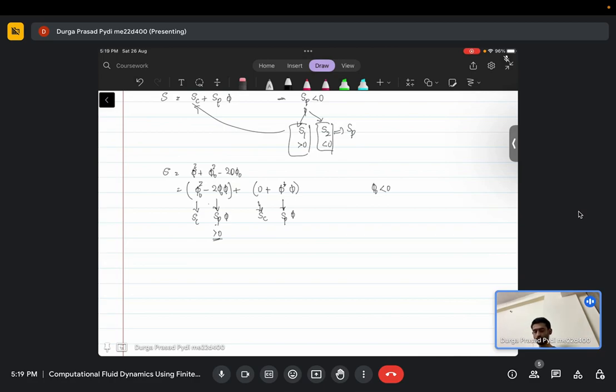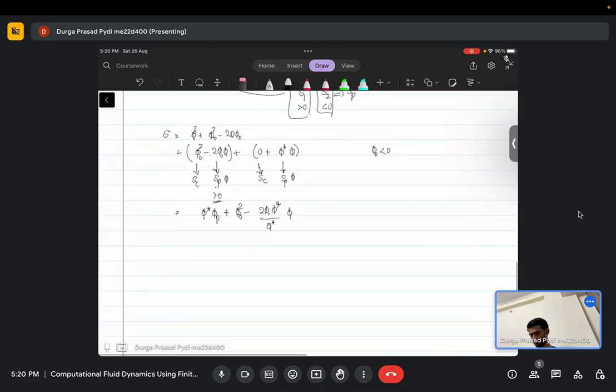Since SP is positive, which we do not want, we just multiply and divide by phi and then take it to the other side. So we take phi naught phi star, phi star phi will be there, plus phi naught square minus 2 phi naught phi, or maybe I should group terms together.